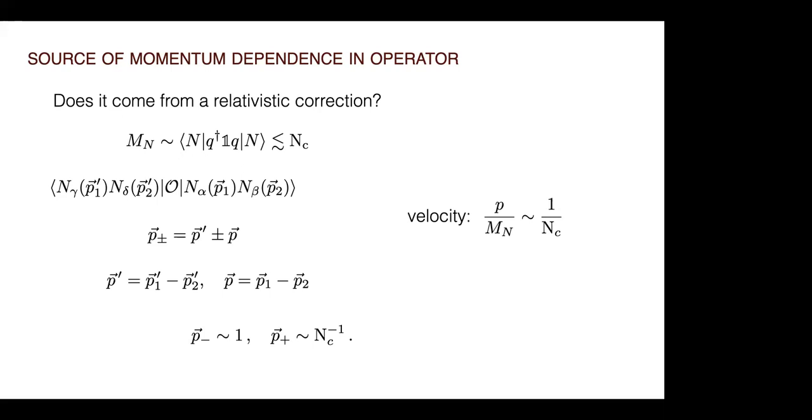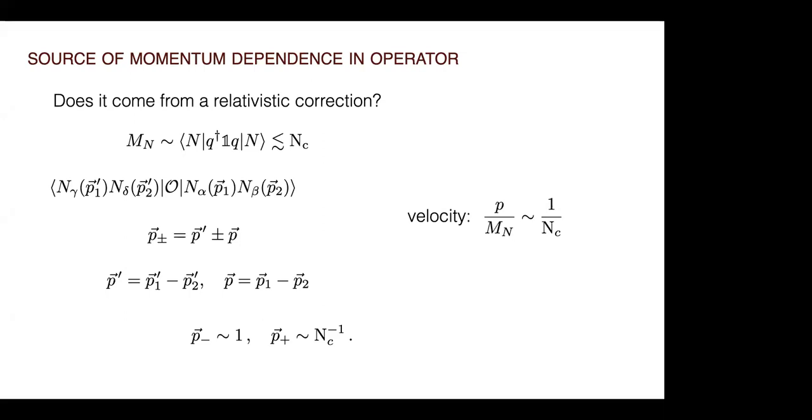If you want to think about the spinor and doing an expansion in the momentum over the nucleon mass, well, the nucleon mass scales as N_C, because what we've got here is just the number of quarks, and each of them is multiplied by the individual quark mass, which could be very tiny, but here you've got an infinite number of them.